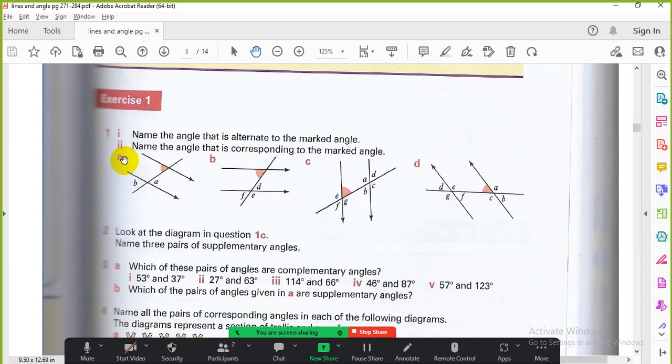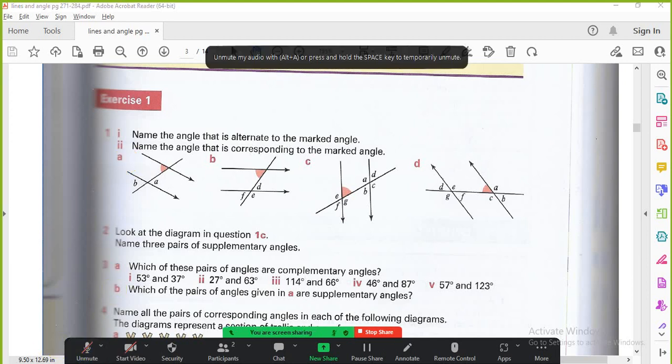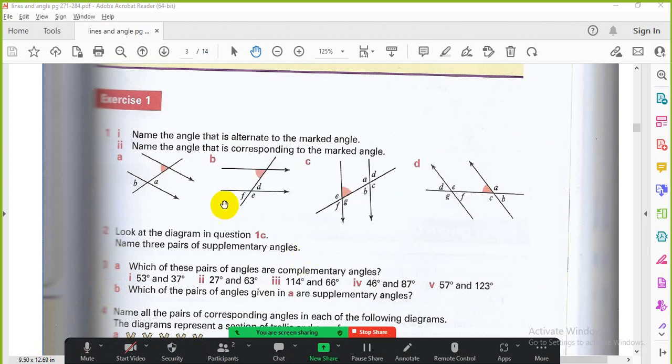Can you hear me? Yes, sir. Okay, first question is name the angle that is alternate to the marked angle. So here there is a marked angle.